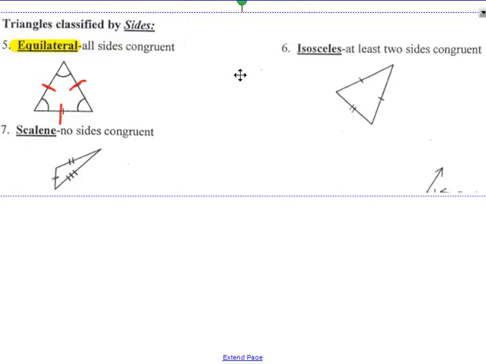We have a scalene triangle. That means no sides are congruent. This side is one length, this is a second length, and this is a third length. Finally, we have an isosceles triangle. Isosceles means that two of the sides are congruent and the third one is not.